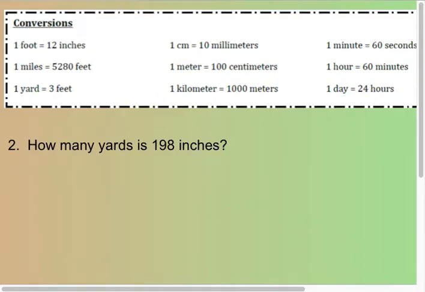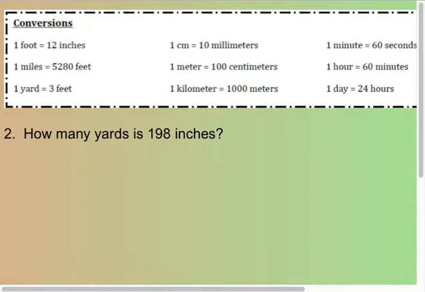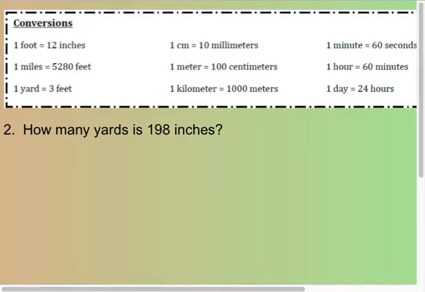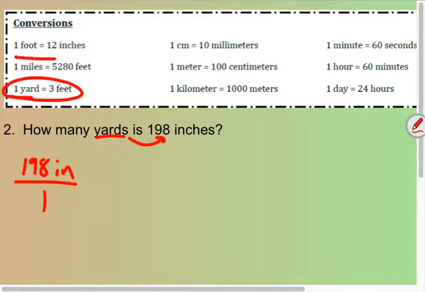So a little more dimensional analysis. Once again, how many yards in 198 inches? So you start out with what you're given. We're given 198 inches, and just put it over 1 to write it as a fraction. So we don't have a measure for inches and yards, so we're probably going to convert yards to feet and then feet to inches.